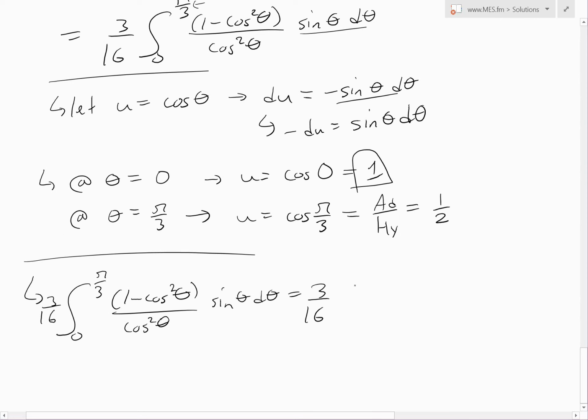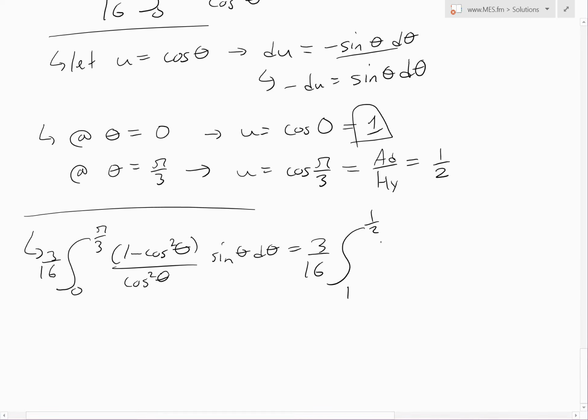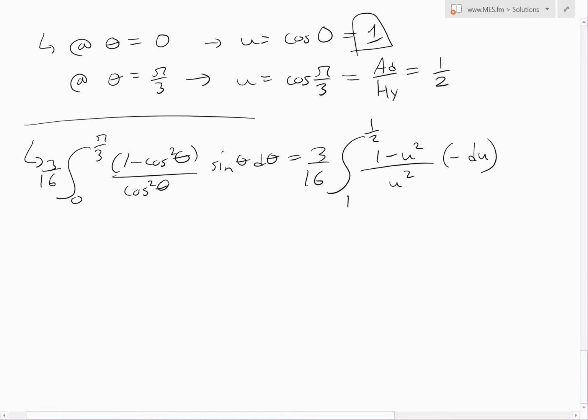This equals 3 over 16 integral from 1 to 1 over 2 of 1 minus u squared over u squared, and now it's going to be a negative sign, so we put a negative, du. So there's what we have.